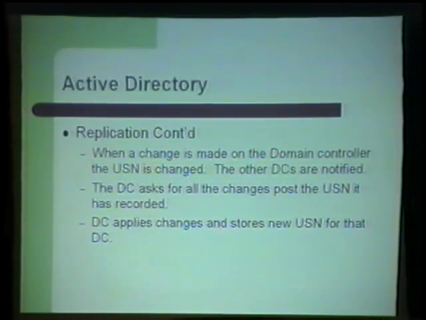Okay, so the way this works, inside the Active Directory, it establishes a small database of servers and their update sequence number. And so when a server makes a change, it announces out to everybody, I've got a change to make. Well, the server then replies back and says, I have you at update sequence number 95.